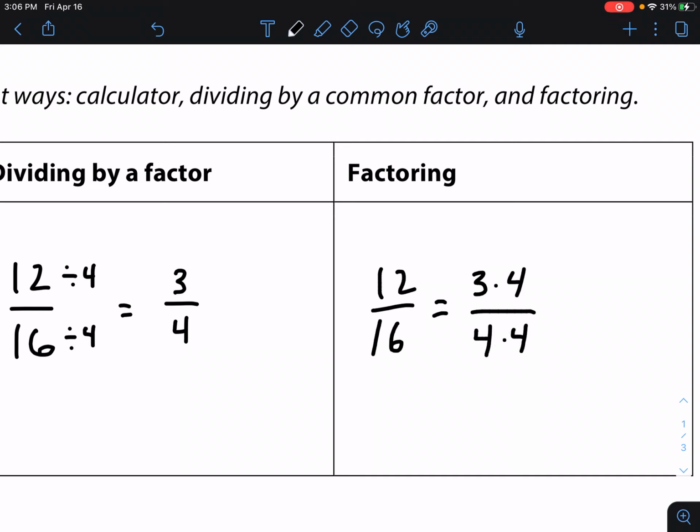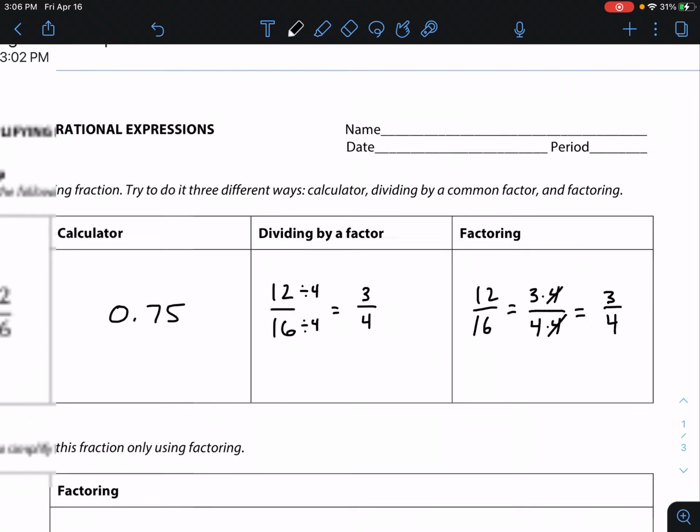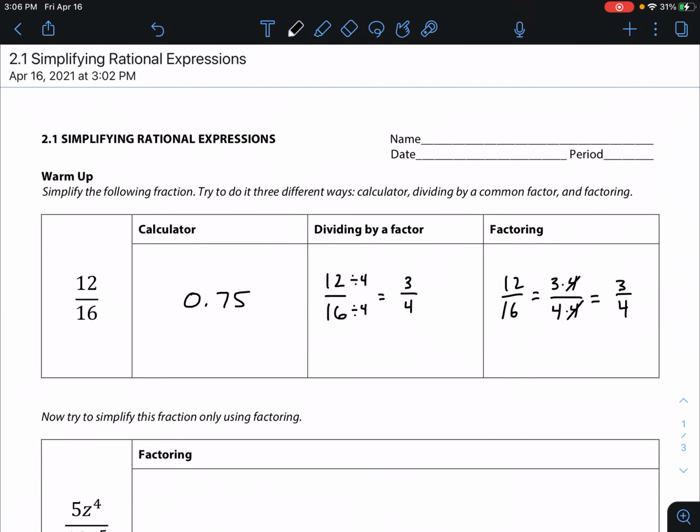And then anytime we have a common factor in the numerator and the denominator, we can cancel those common factors. So I'm going to cancel the 4 on top and only one of the 4s on the bottom. We can't cancel both of them, just one of them. And then I'm going to rewrite with what we have left. So it's 3/4.